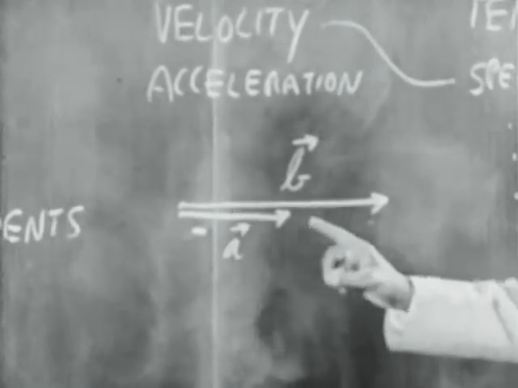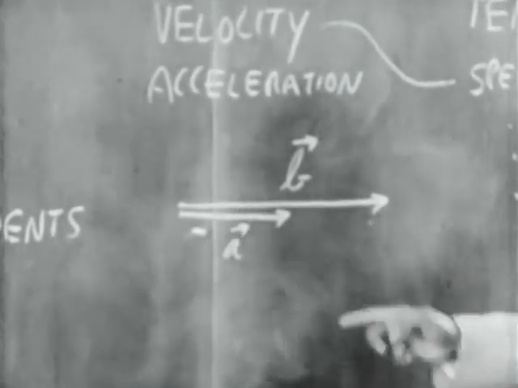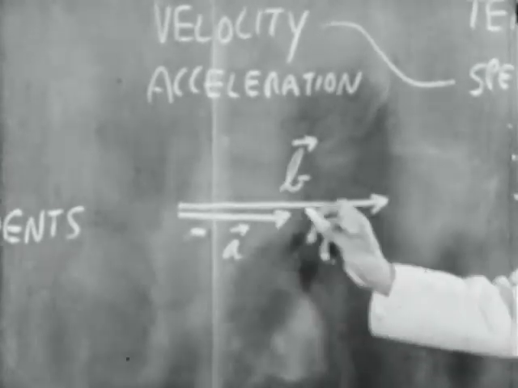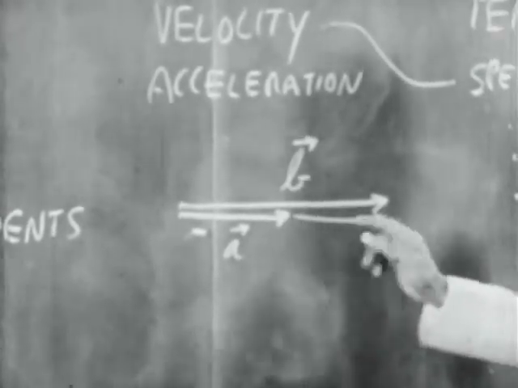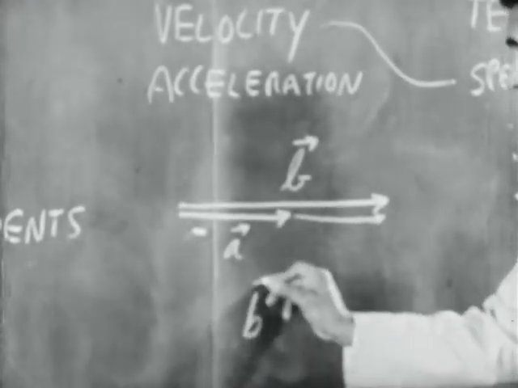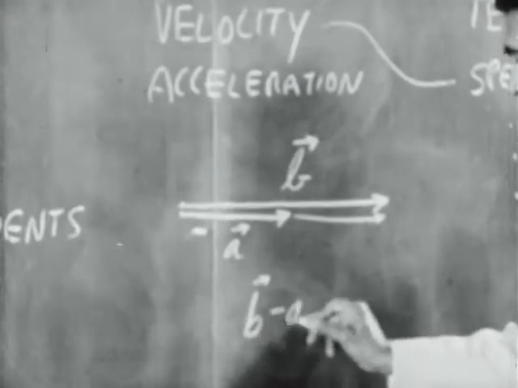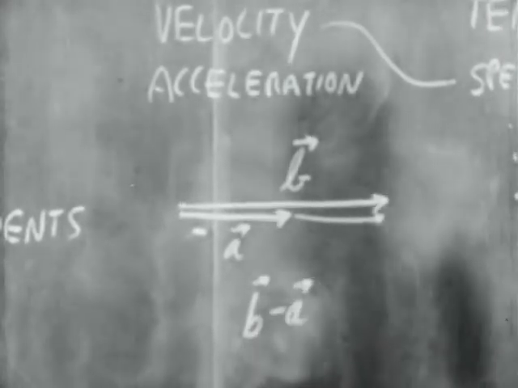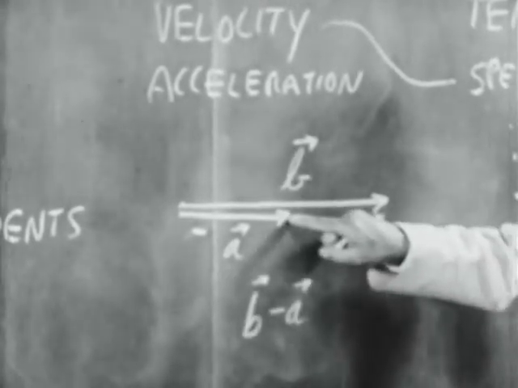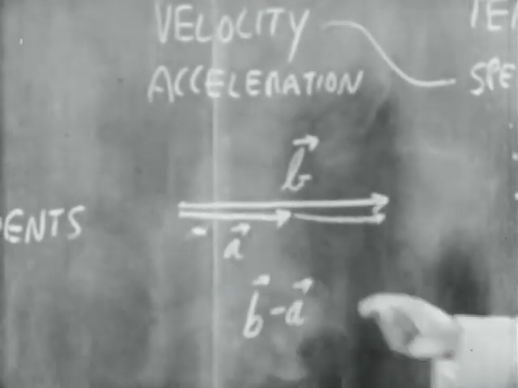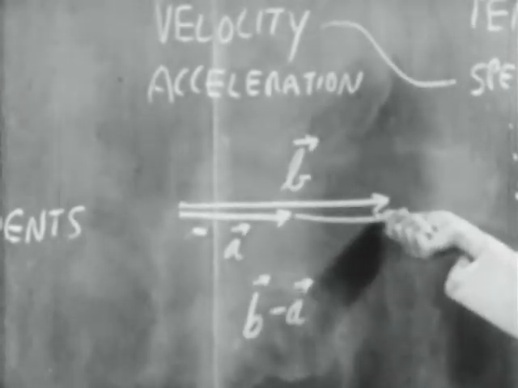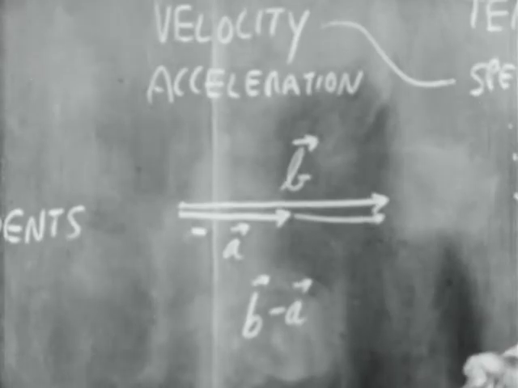I want to discuss the meaning of B minus A. If they both go in the same direction, I think it's easy to visualize. Let me write down B minus A. The vector that goes from the second arrow to the first arrow. The vector that goes from the second one, the one that appears second in this statement, to the first. That will be my set of instructions.